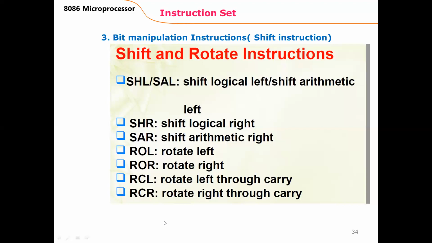But in 8086 we can rotate any content which we require, in any source. The source can be a memory location, or any general purpose register. Another difference is that in the case of RLC or RAR of 8085, only a 1-bit shift was there. Here we have a provision: by writing only one instruction, RCL, we can rotate the bits 4 times or 1 time. This we will discuss later, how this can be performed.